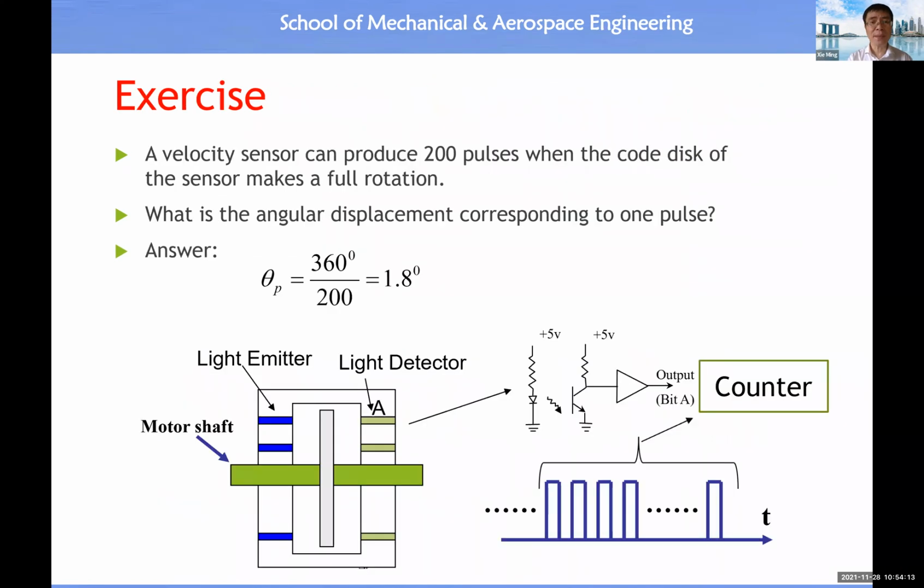All right. Okay. So then this is just a simple practice for you to know what is the pitch angle between two adjacent holes. Let's say we punch 200 holes inside the rotating disc. When the disc makes a full rotation, then we will see 200 pulses from the electronics.